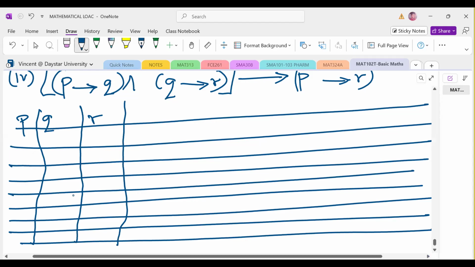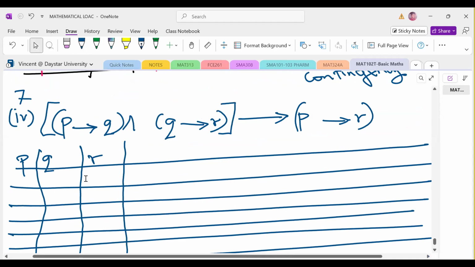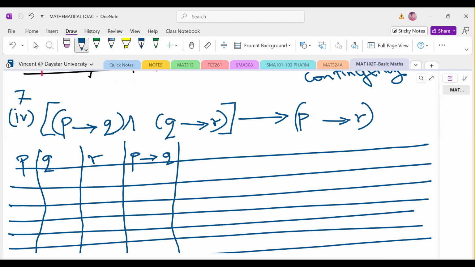Then there's a next space, what do we write? P implies Q, correct? Next, Q implies R. Next, let's do it, you try as much as possible to be ordered so that you don't get confused.